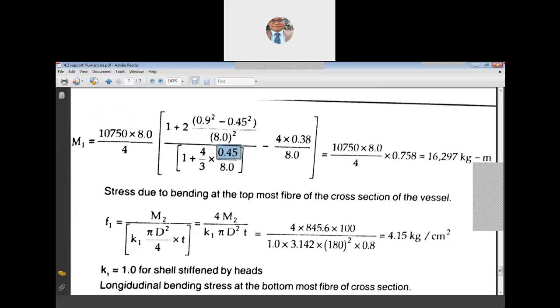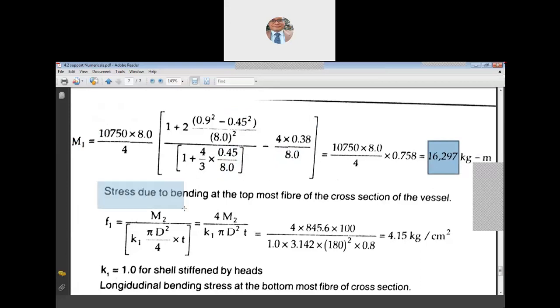So this is also H upon L minus 4 into A upon L. So this is how the bending moment at the center of the vessel will be calculated, and its value comes to be 16,297 kg meter.